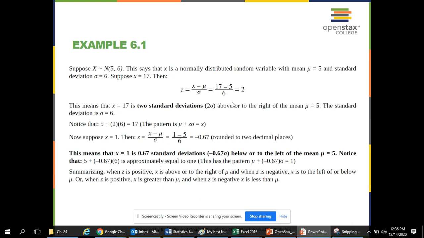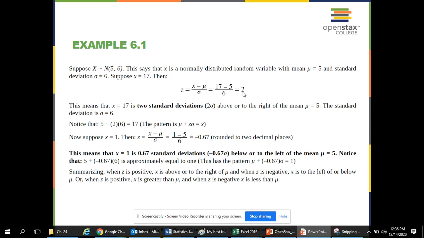So we use our formula, where x is our input. That's our data piece, 17. Mu is our average, 5. And sigma is our standard deviation. So we take 17 minus 5, 12, divided by 6, 2.